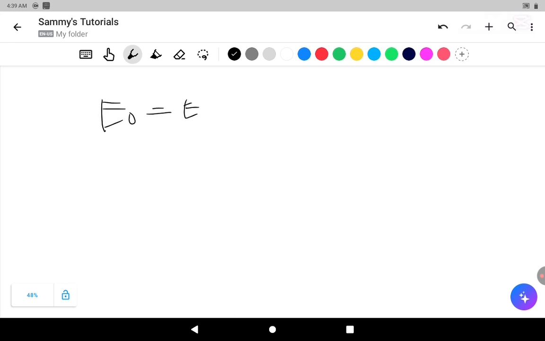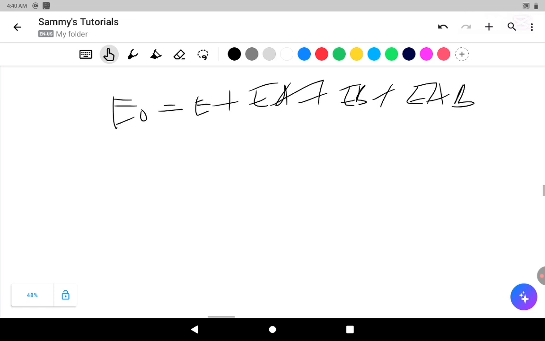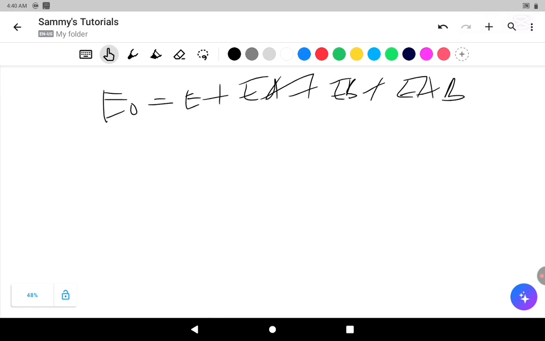The free enzyme, plus EA plus EB plus EAB, right? This is the first equation we reference back to. Now, this means that the total number of enzyme E naught is equals to the free enzyme, then the enzyme in the binary complex and the enzyme in the ternary complex. That's what it simply means.